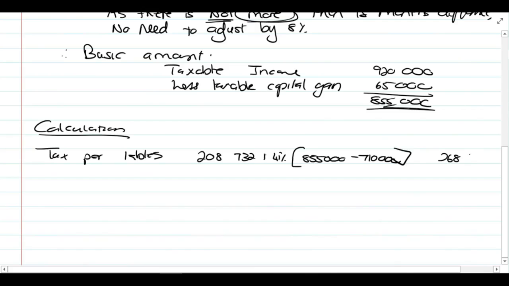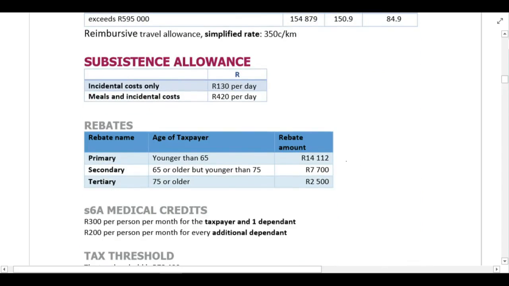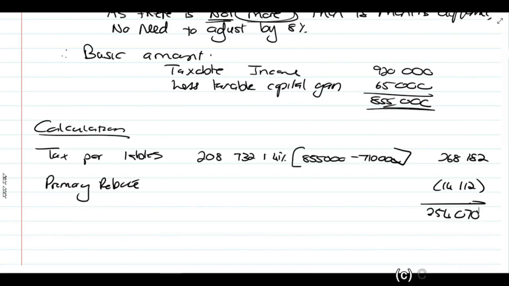From that we deduct our primary rebate, whatever that amount might be. In this case I've given you the amount to use as 14,112. So this gives us tax of 254,070. That is for a full year.